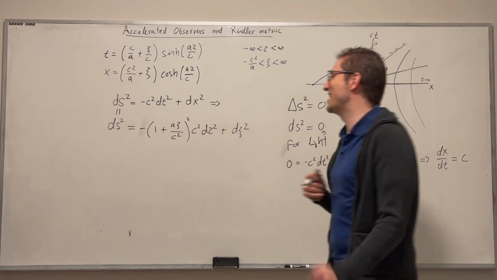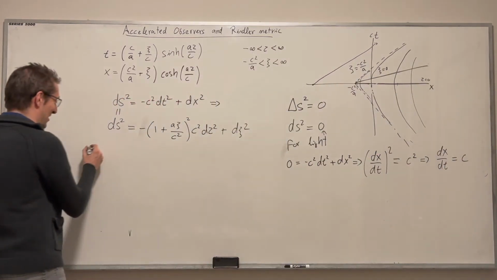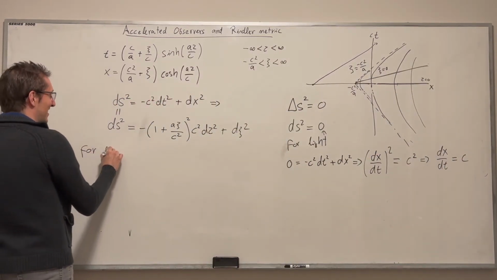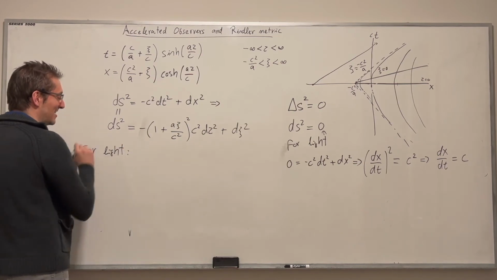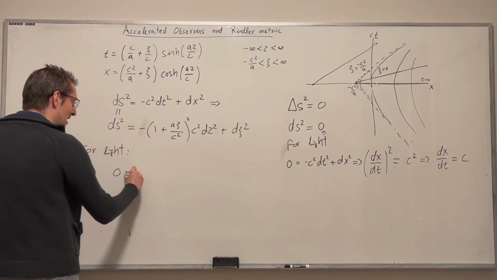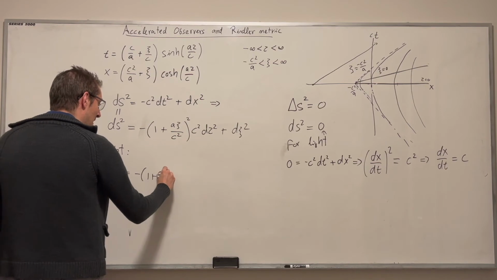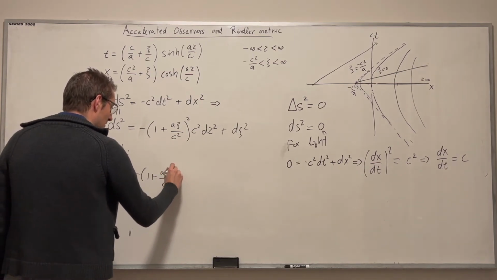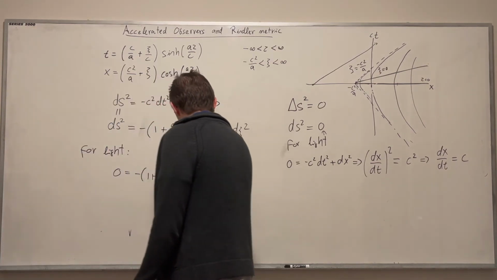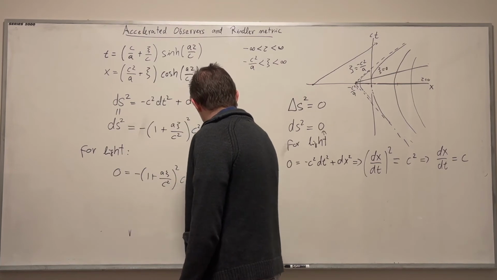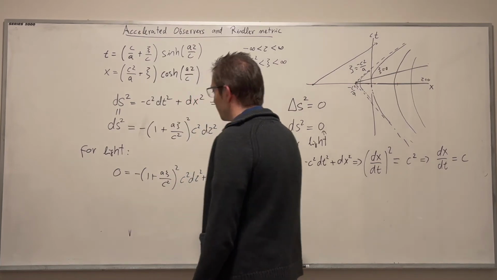Well, for light, let's see, I don't want to anticipate anything. For light, we get 0 equals minus (1 plus a psi over c squared) squared c squared d tau squared plus d psi squared.